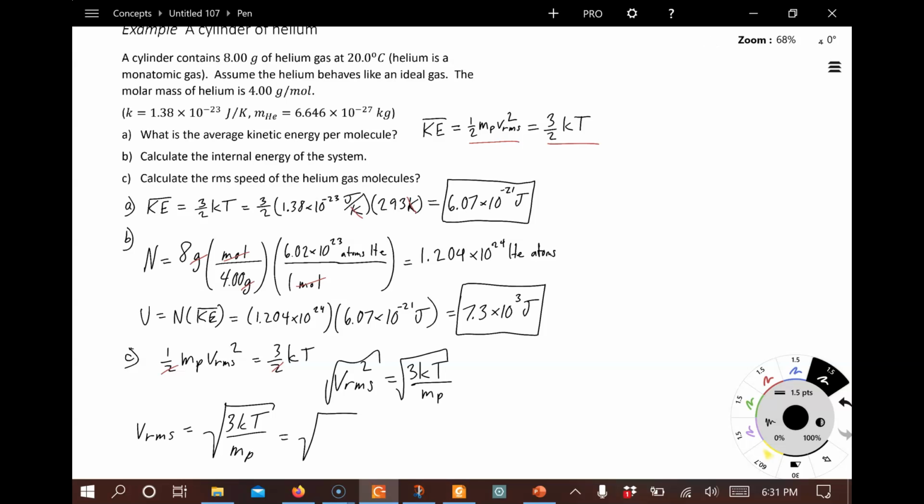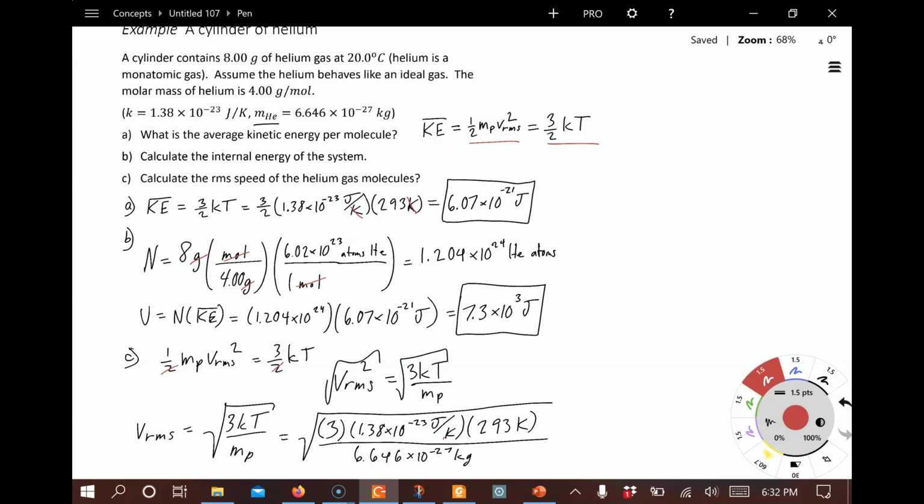Now again, we need to be in absolute temperature. So Boltzmann's constant, 1.38 times 10 to the minus 23rd joules per Kelvin. Temperature, 293 Kelvin. The mass of the particle is given to us above, 6.646 times 10 to the minus 27. And it needs to be in kilograms here because I've got joules above.